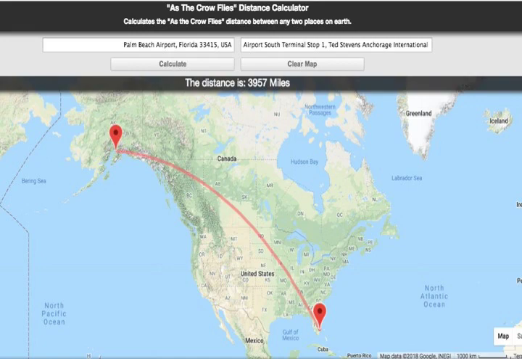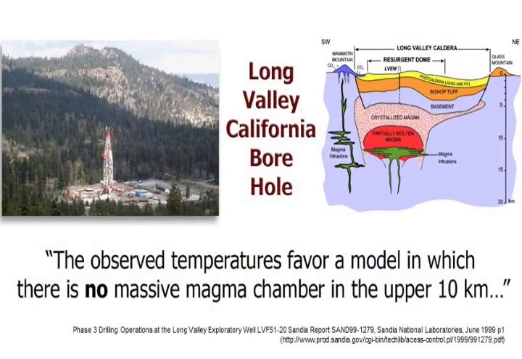To actually dig to the center of the Earth, that's how far you're traveling. And so the amount that we've dug into the Earth would be like traveling across town in Florida and trying to discover and explain what's happening up here in Alaska. Okay? So we haven't quite made it there. But we thought that we could tap into that free energy by digging in Long Valley, California. Because California needs more energy.